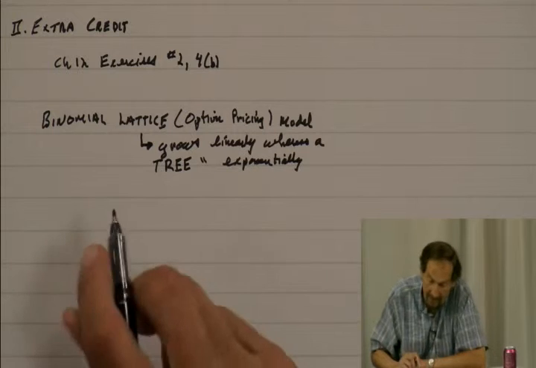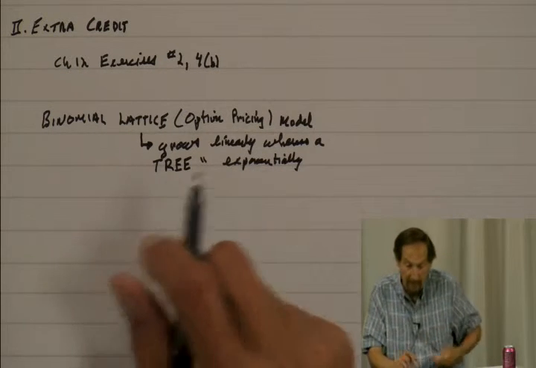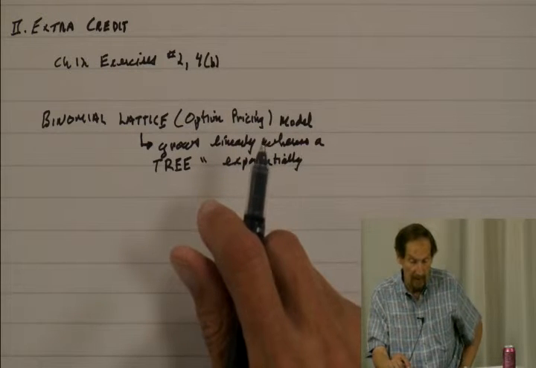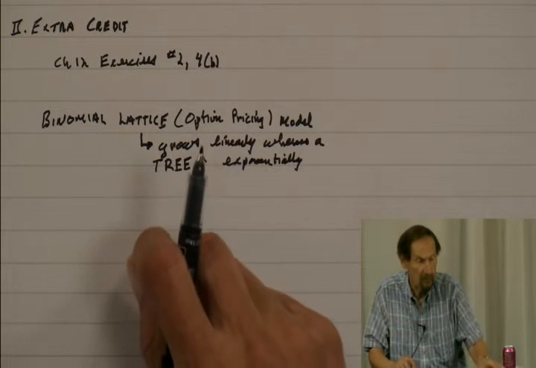So a lattice is a lot easier to compute. In the lattice, there are a number of ways to reach a common node. In the tree, there's one and only one way to reach each node.